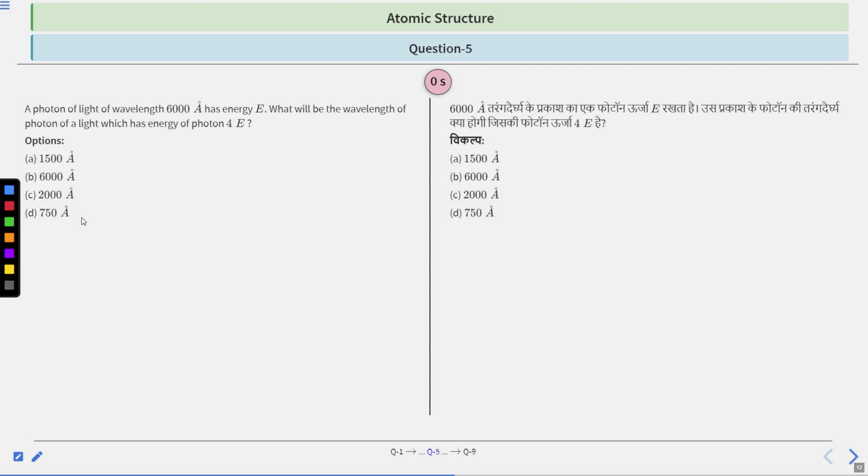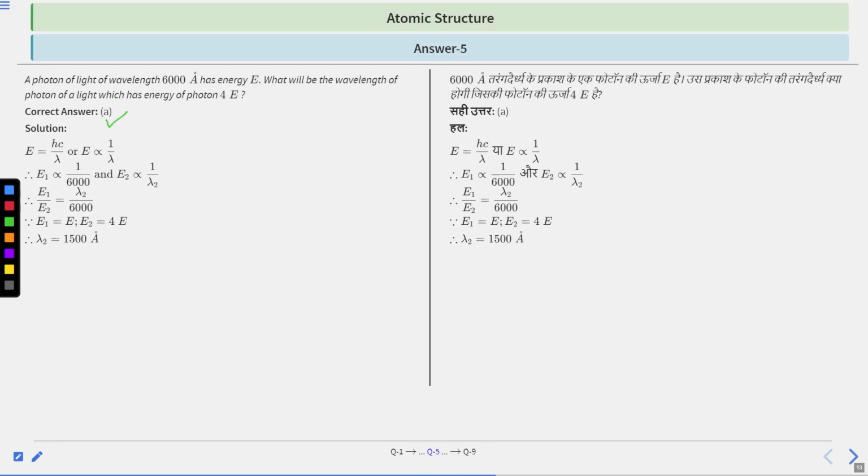Okay, so let's see. The correct answer is option A. You know that E, that is energy, equals hc by lambda, or you can say that energy is inversely related to lambda. For photon 1, the given wavelength is 6000 angstrom, so the energy E1 is inversely related to 6000, because 6000 is the wavelength of that photon. Now E2 will also be inversely related to lambda 2, that is the second photon's wavelength.